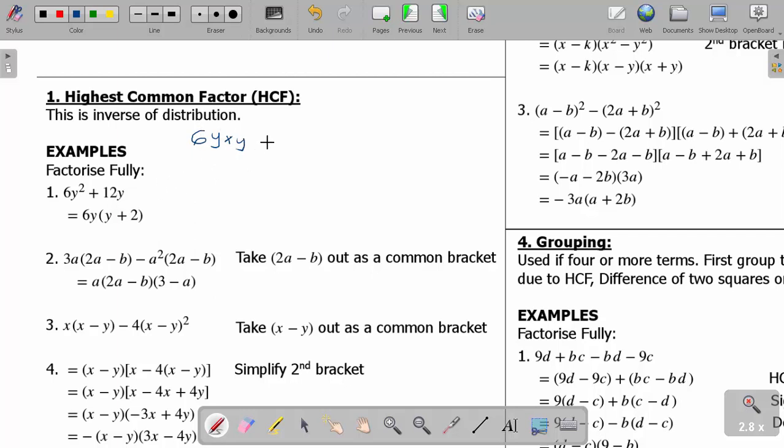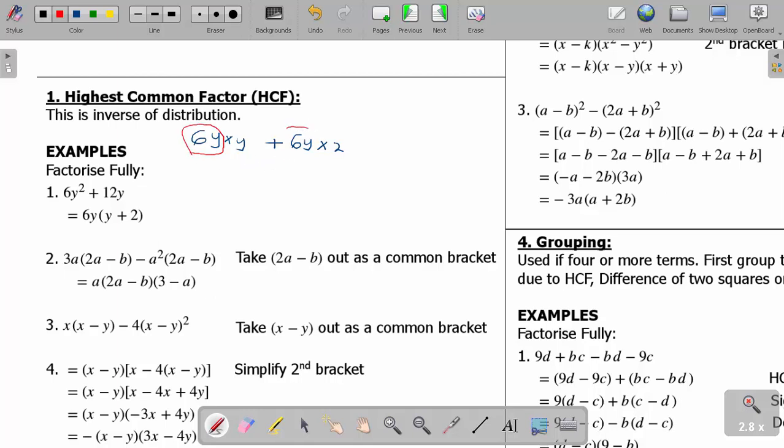I can write it as 6y multiplied by 2, so 6y multiplied by 2 gives me 12y. So if you look here, I can see that I have the common factor, which is 6y. This is our highest common factor, 6y.